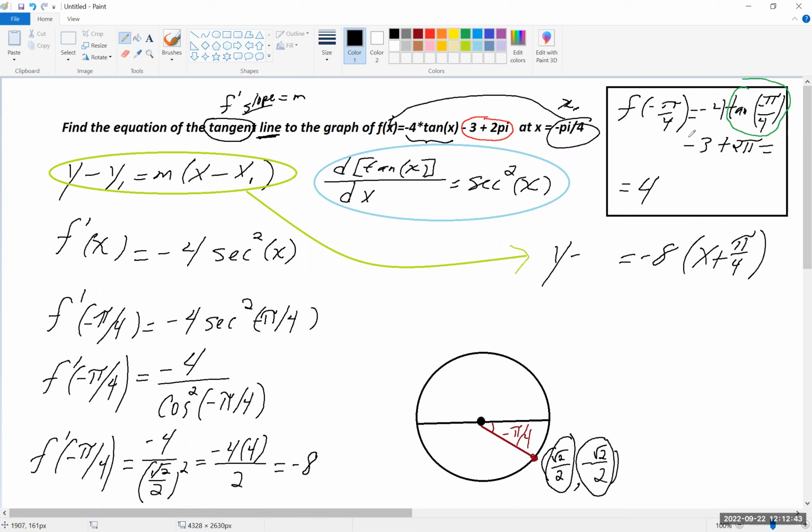And that said, I'm just double checking things. Okay, so -3 plus 2 pi. So 4 minus 3 is 1 plus 2 pi.